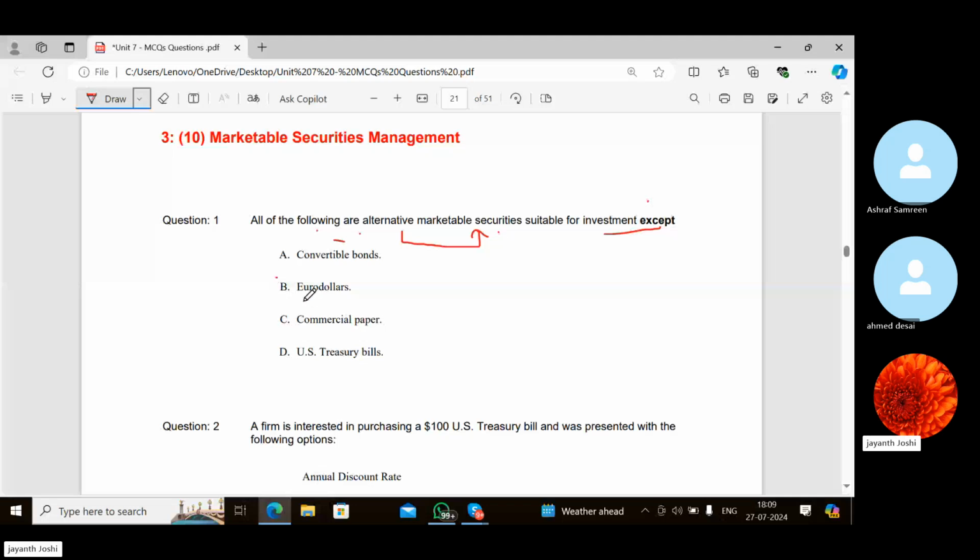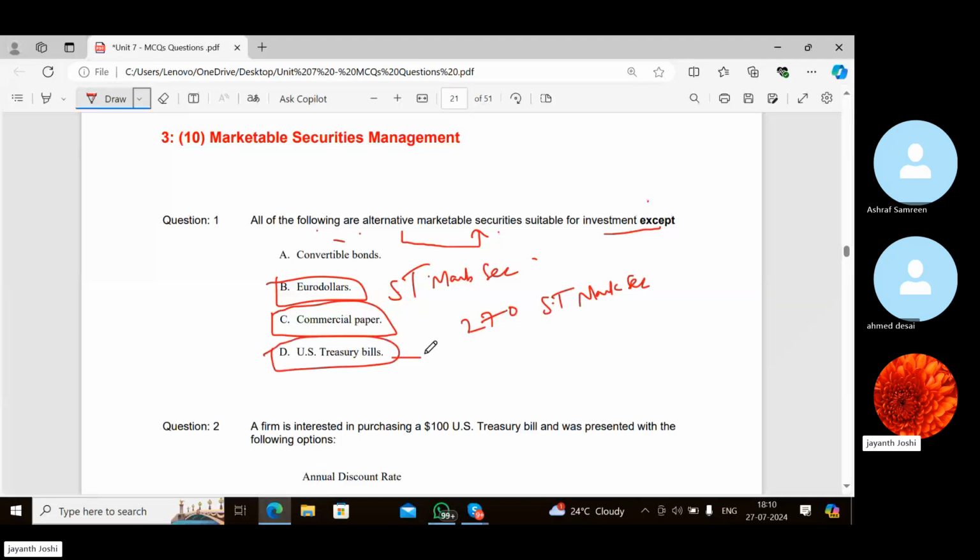Euro dollars, these are short-term marketable securities. Commercial paper issued for 90 to 270 days, short-term marketable securities. US Treasury bill, of course, short-term marketable securities. This is not short-term, this is for long-term. Fine. Shall we move forward?